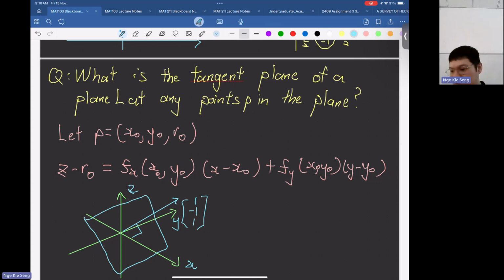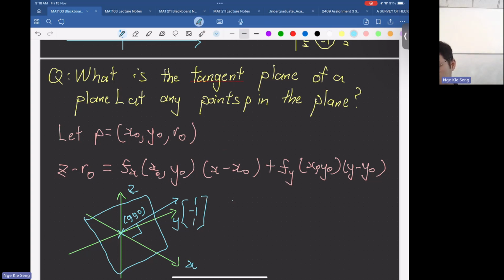Okay, so once we fix this, can we find the formula in this case? Let's say the origin is inside our plane. Origin is here, 0, 0, 0. To make life easy, we put the origin here.